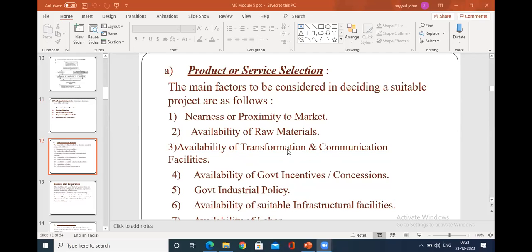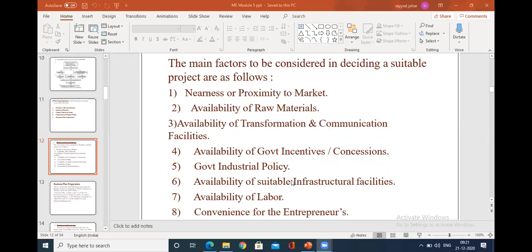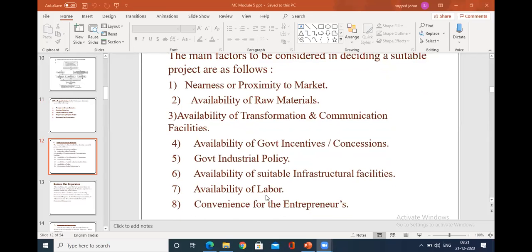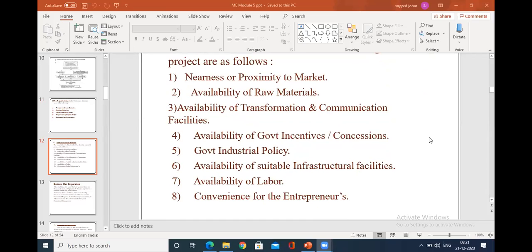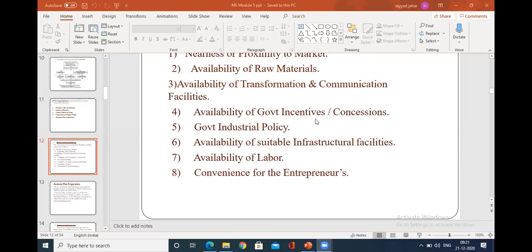Based on factors such as available market, raw materials, transportation and communication facilities, whether incentives or concessions are being provided, government industrial policy, availability of infrastructure facilities, manpower, that is availability of labor, and also the convenience of the entrepreneur who is going to invest. These are all the major factors that come across in product or service selection.